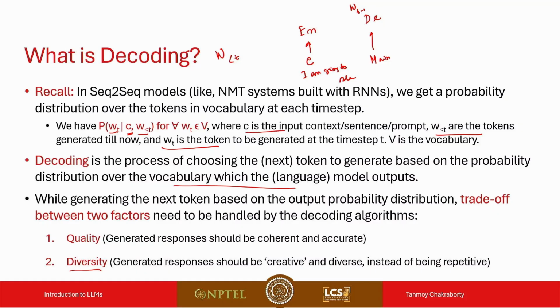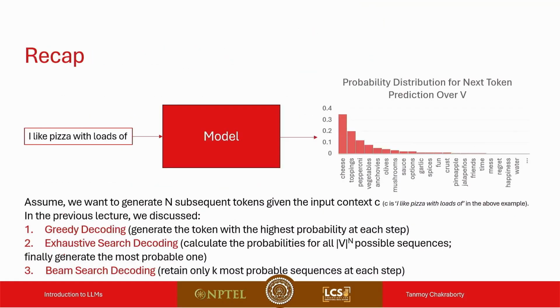You do not want the model to produce the same response every time. You want the model to produce diverse responses. So to balance quality and diversity, we need some strategy.